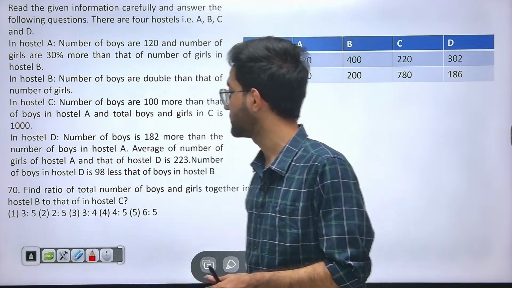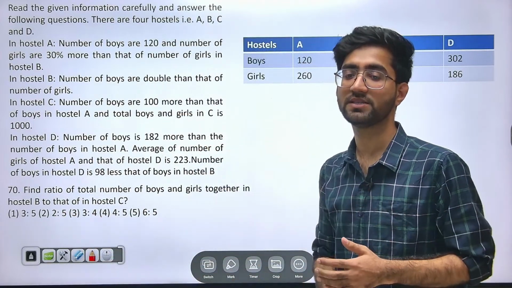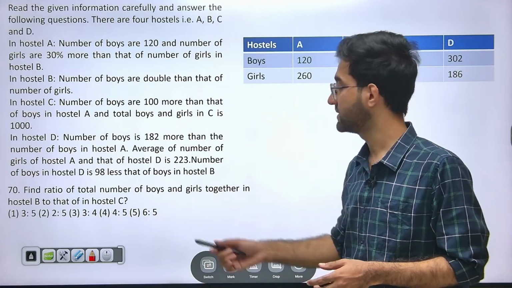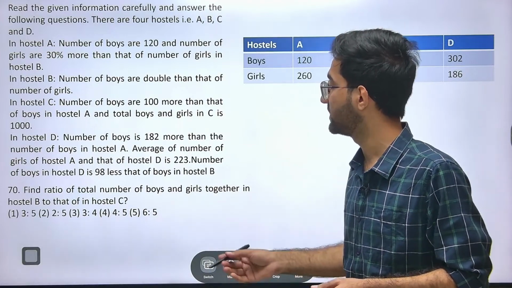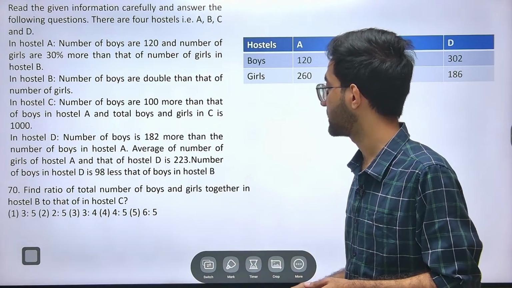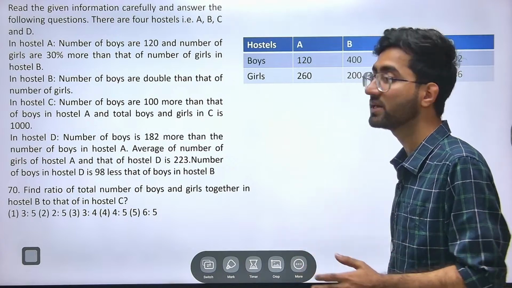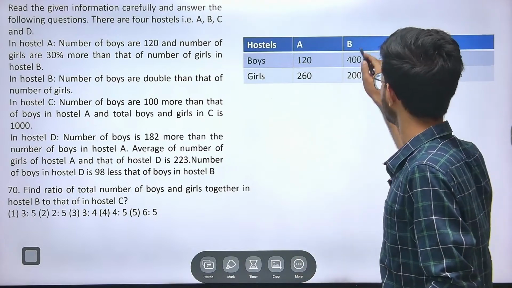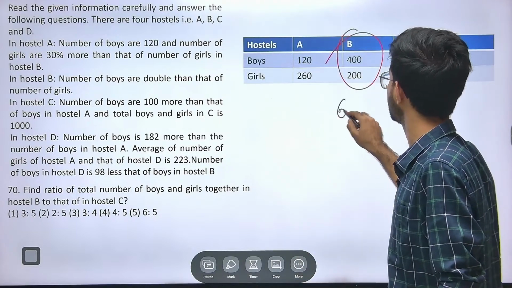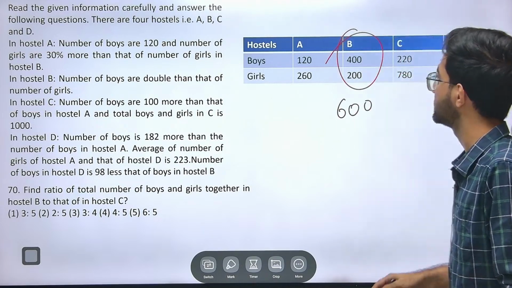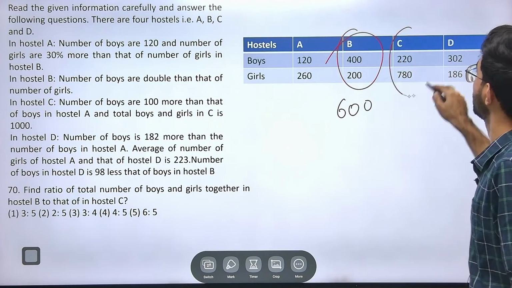Now, what is the next question? Find the ratio of the total number of boys and girls together in hostel B to that in hostel C. Okay, this is your hostel B, right? And what is the total number of boys and girls? That is 600. And look at this value.